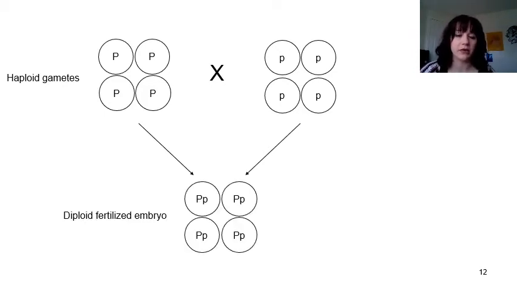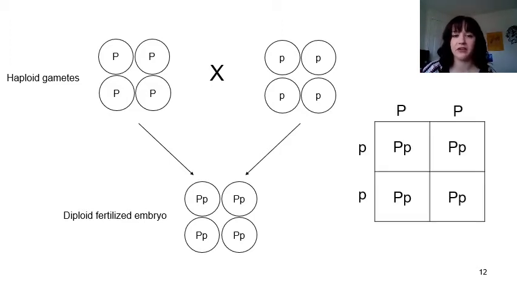The only possible combination is the heterozygous offspring. And you can see how this fertilized embryo is now diploid because we had two haploid gametes fuse. And that is exactly what we see when we do our Punnett square, right? You can see that when you cross a homozygous dominant and a homozygous recessive, all of the offspring are heterozygous.